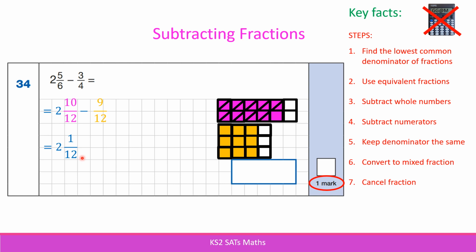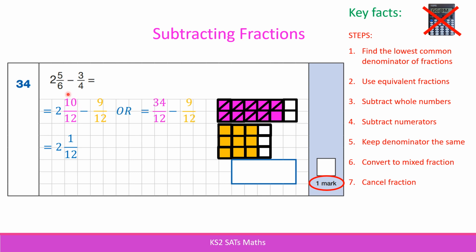You can do it by looking at a common denominator and working this as a top-heavy fraction. So if you made this a top-heavy fraction, you could then do 2 times 6 is 12, because there are 12 parts in 2 whole ones, plus the 5. 12 plus 5 is 17. Then you've got 17 over 6. Then you've got to make this a 12.